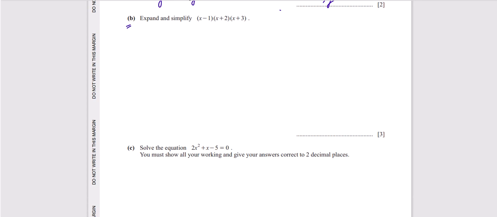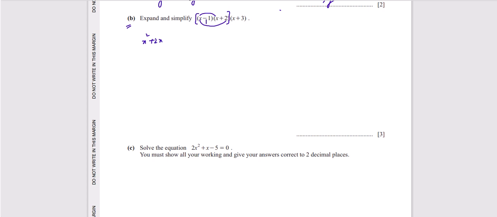Part B. Expand and simplify (x minus 1)(x plus 2)(x plus 3). First of all, calculate these two pairs. x multiplied by x is equal to x squared, and x multiplied by 2 is equal to plus 2x.